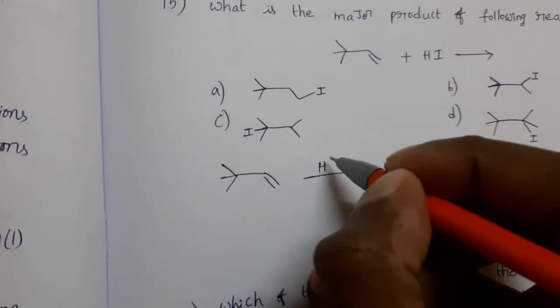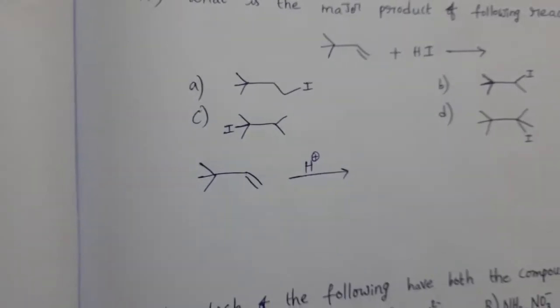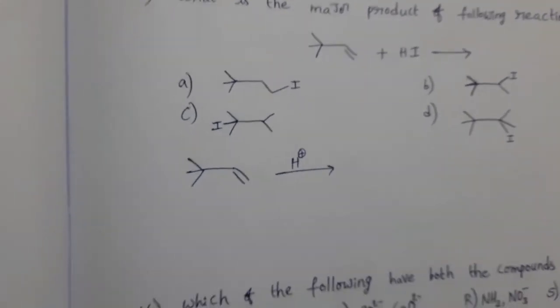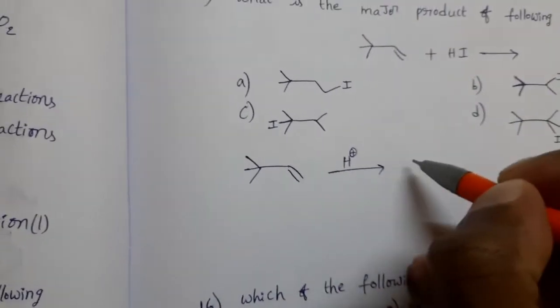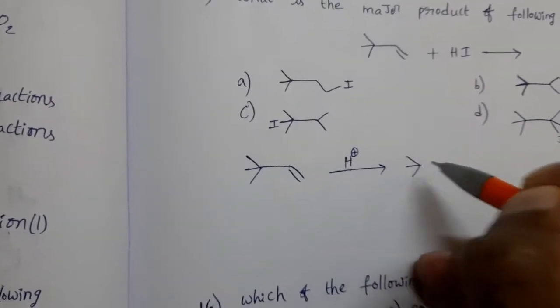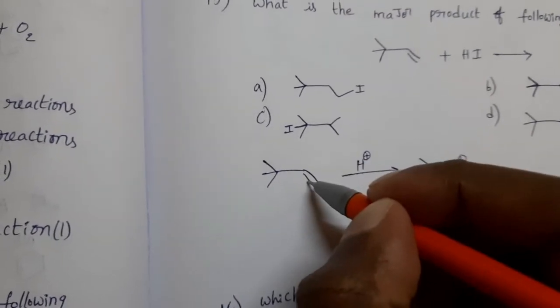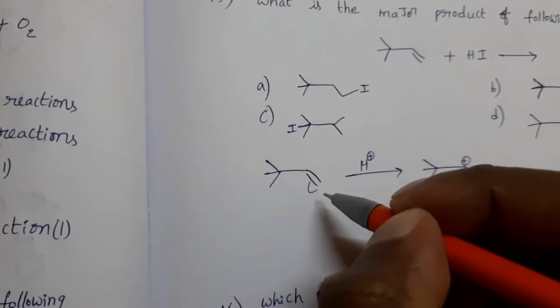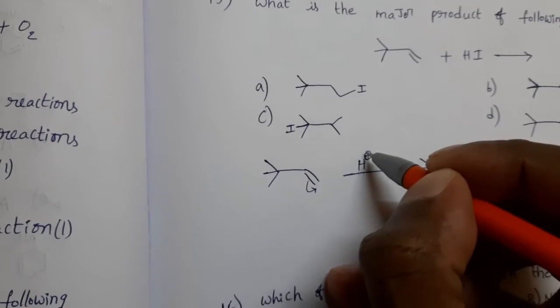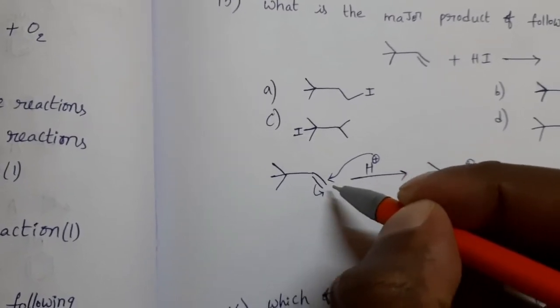That means H plus. From HI we get H plus and I minus. So H plus attacks at this double bonded carbon atom. Then we get a carbocation. The double bond is shifted, and H plus attacks at this position.